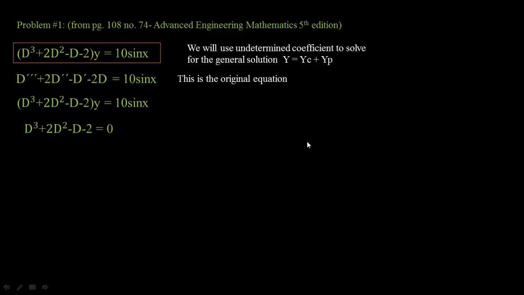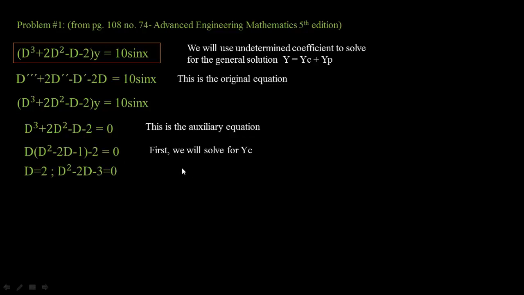We have the auxiliary equation, or the characteristic equation, D cubed plus 2D squared minus D minus 2 is equal to 0, to solve for our yc. We will factor it out: D times (D squared minus 2D minus 1), and then minus 2 is equal to 0, and D is equal to 2, and then D squared minus 2D minus 3, we'll factor it out, and then we'll have D minus 1 times D plus 3.